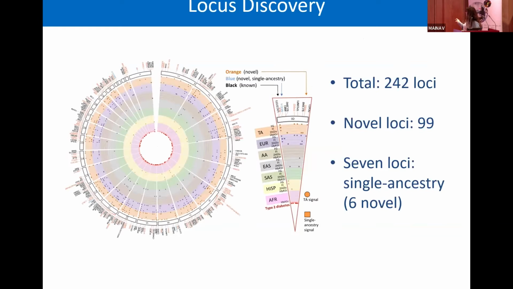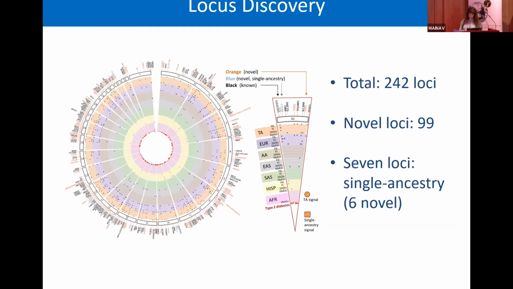We found 242 loci, 99 of these were novel, and at the time we defined novel as: within this locus, there was no established signal for any of the glycemic traits that we were looking at, or indeed type 2 diabetes as a case-control signal.